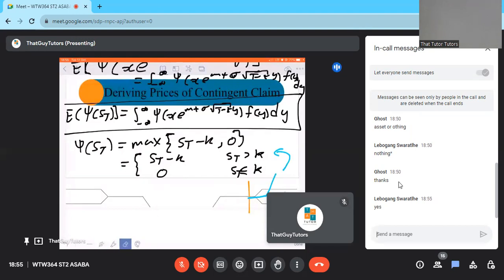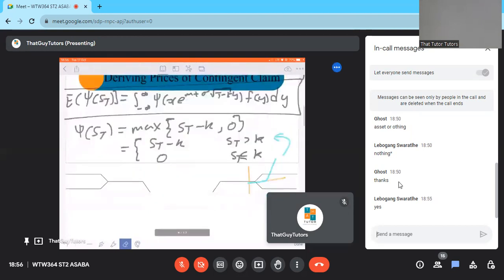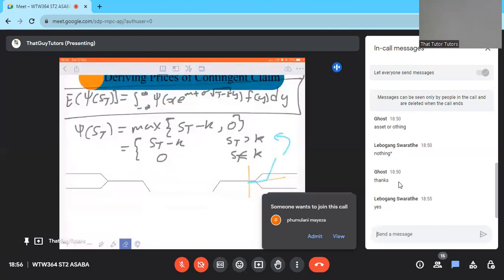So this is what we would need to solve. If you are going to solve for this, you are going to basically have two integrals: the first part would be 0, and the other part would be the part which is greater than 0.